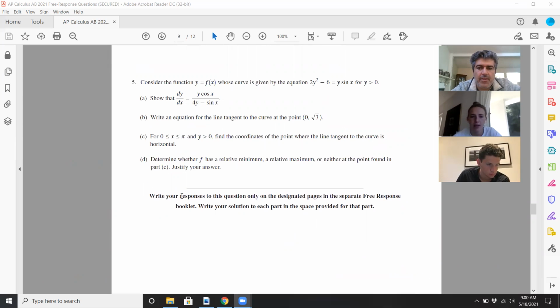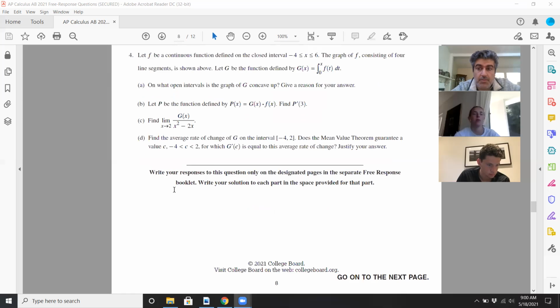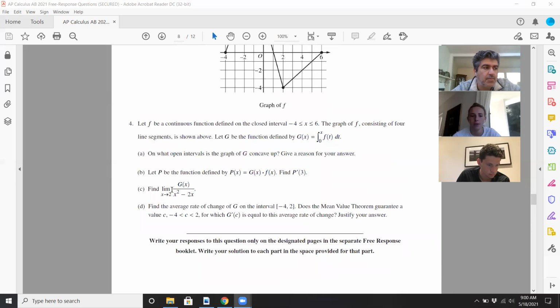I kind of forget, but if we were to be solving a mean value theorem problem, how would you go about it? I remember setting the average rate of change, which we did, and taking the derivative and setting them equal to each other.